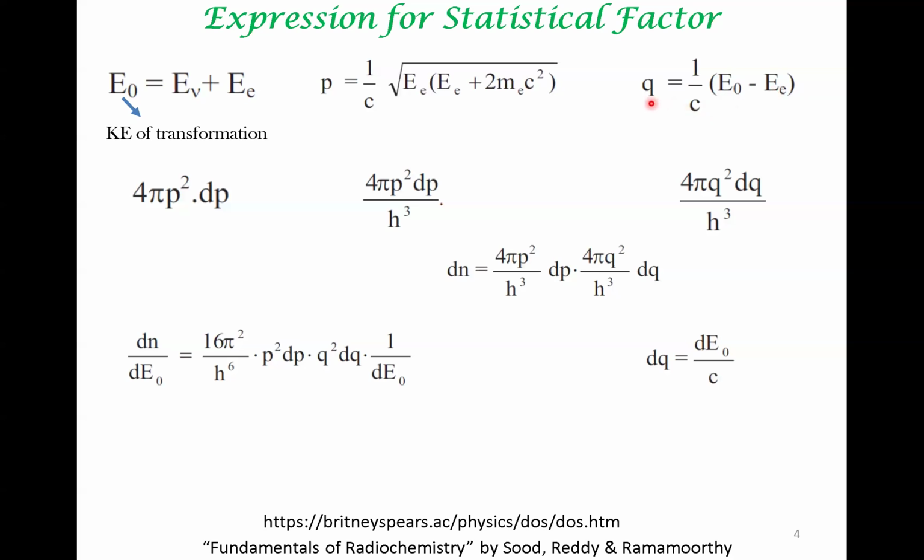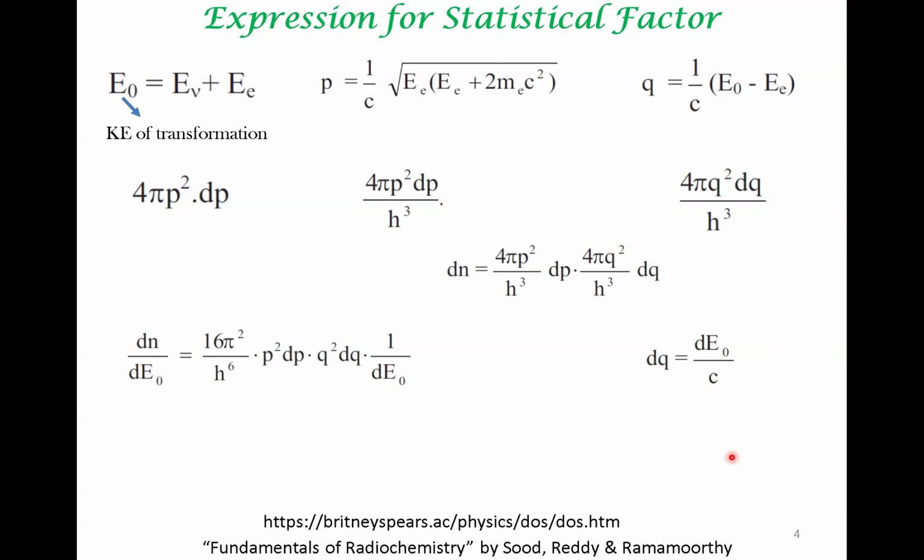So this is a constant. If you take a derivative, dq is given by this expression. So dq varies only because of variation in dE naught, because we differentiate this at constant electron energies.